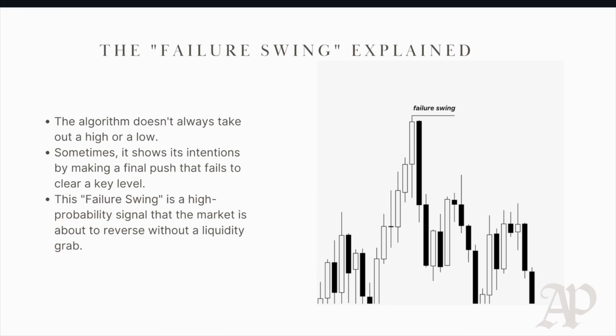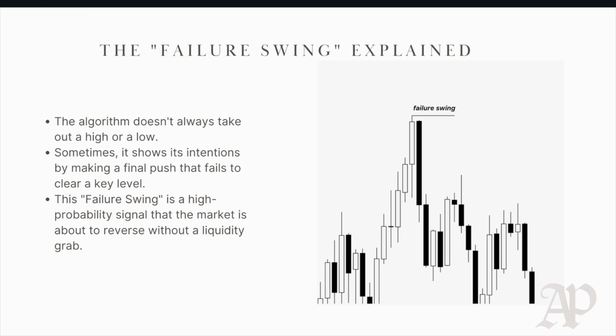So, the failure swing explained. The algorithm doesn't always go for the full liquidity grab. Sometimes it shows its intentions in a much subtler way. A failure swing happens when the market makes a final push but fails to clear a key level, like a previous high or a previous low, and it's a sign of weakness.